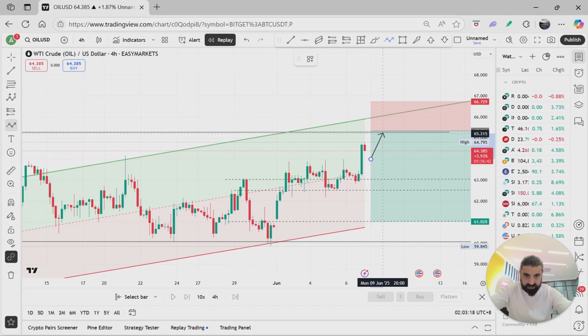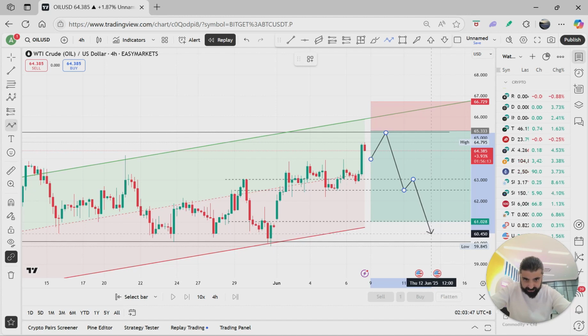So we're going to see it go up from here. From here, this is where our trade is going to open, right? And we are going to see it have a slight bounce from here, hit this level, then either it's going to go down here, or another possibility is it will bounce and then go down here.